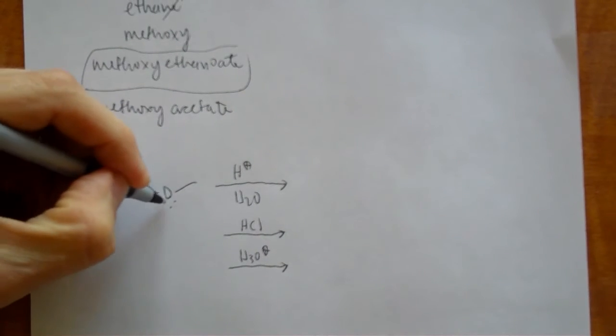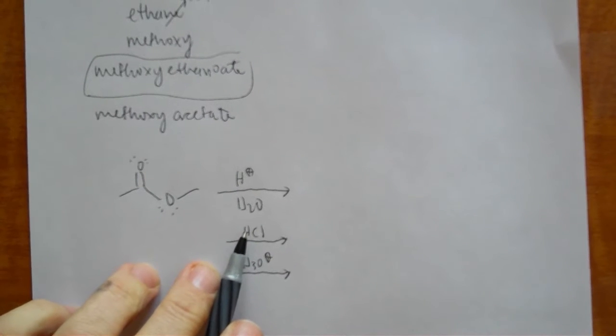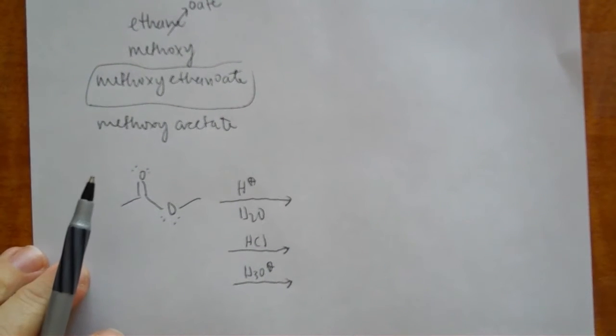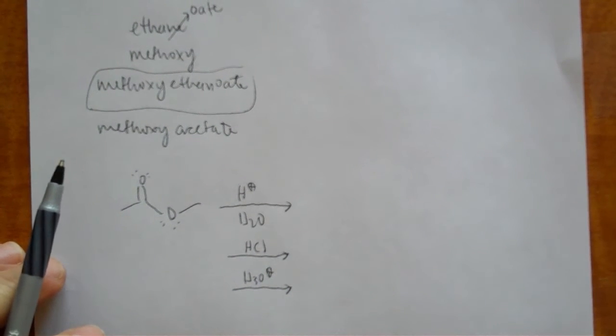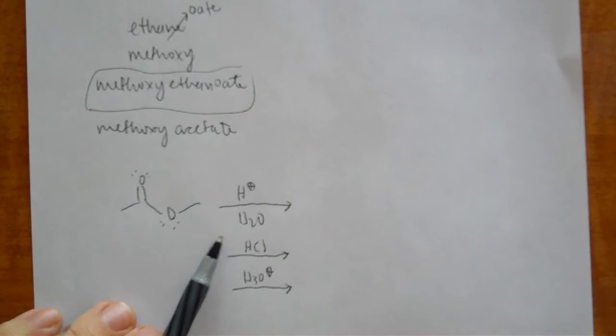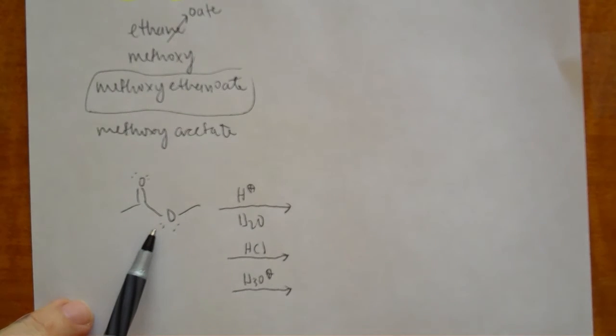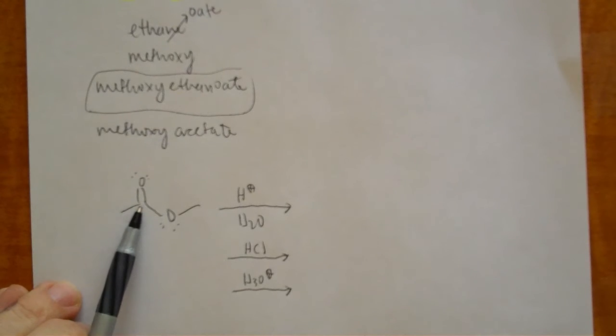Alright, so what's the first thing that we think of? Well, it's ester hydrolysis, and it's acid catalyzed. As I implied in the previous video, which was nucleophilic addition-elimination, one way we can make this reaction go better is if we make that carbon a better target.